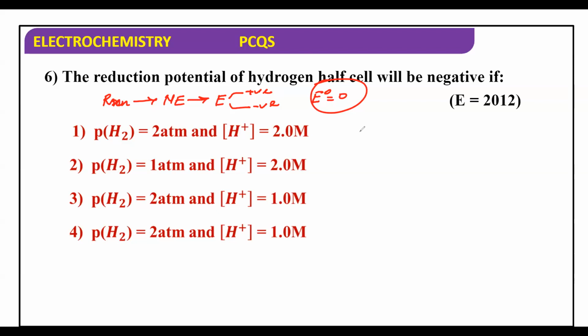Okay. So the reaction that's going to happen is 2H plus, 2 electrons is going to give you hydrogen gas, H2 gas. So this is the reduction reaction. We'll write the Nernst equation. Just give me a second.